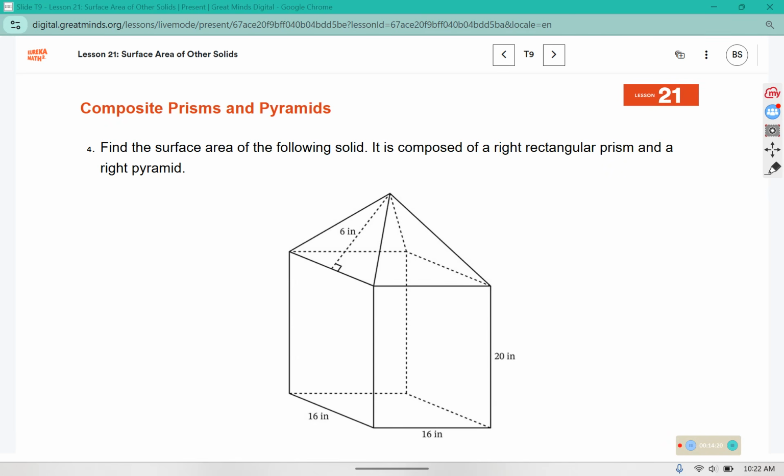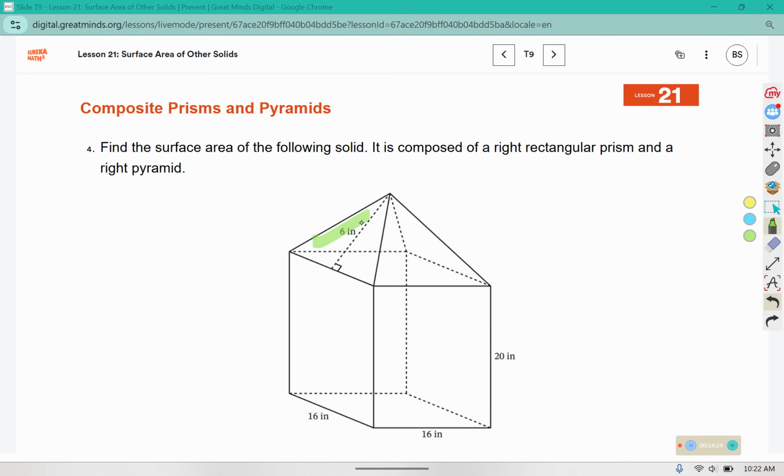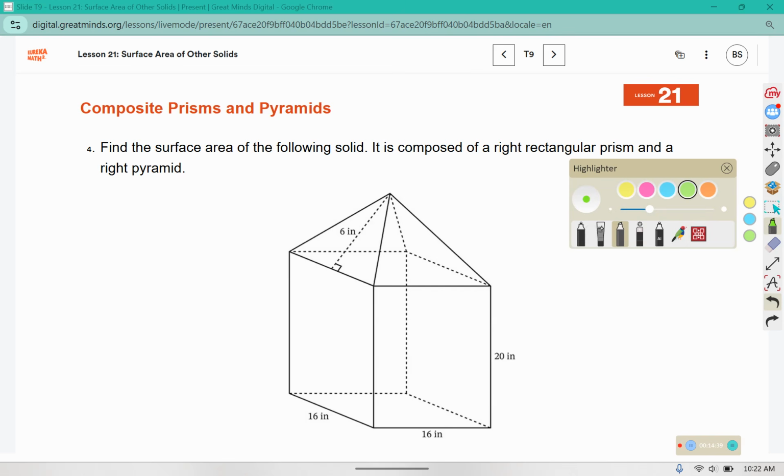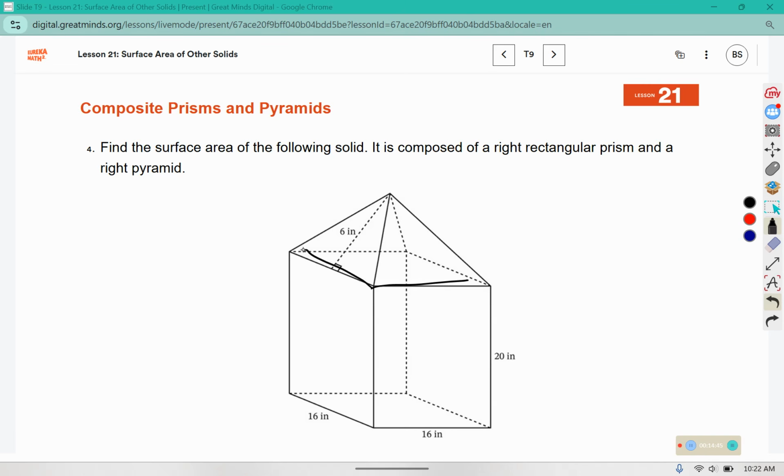To find the surface area of this one, we have the 4 triangles on the top. Then we have 4 rectangles around the middle and a rectangle on the bottom. It is a 16 by 16.